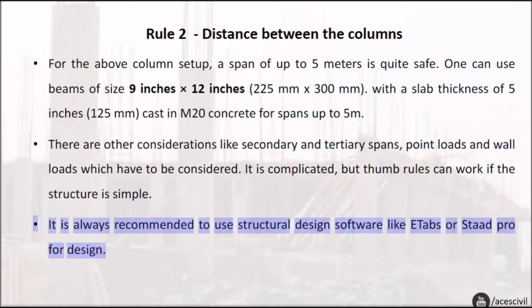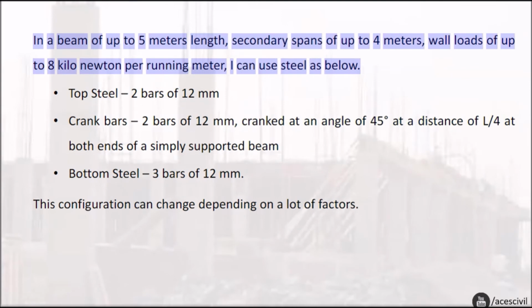It is always recommended to use structural design software like ETABS or STAAD Pro for design. In a beam of up to 5 meters length, secondary spans of up to 4 meters, wall loads of up to 8 kN per running meter, I can use steel as below.